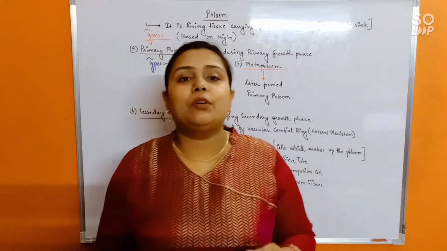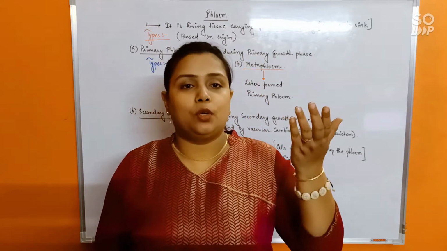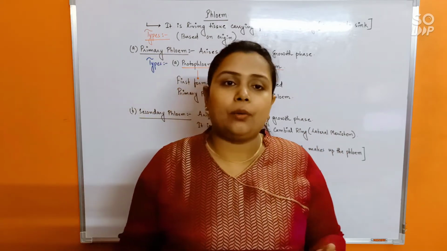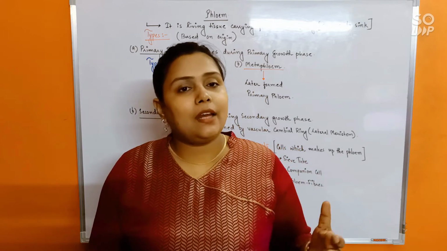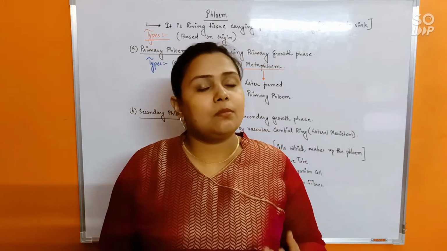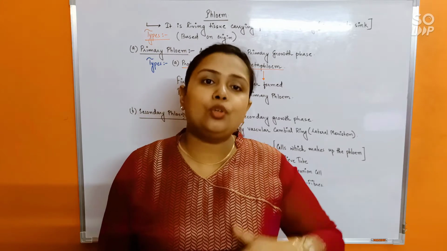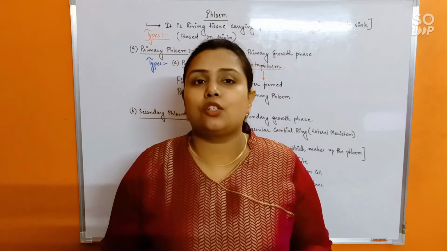So at that time the phloem will be carrying food which is stored in the root towards upwards, right? So that means phloem, according to the condition or situation that arises, will carry the food from leaf towards root, and when the situation arises it might also carry the food from root towards leaf as well. That's why phloem transport is bidirectional in nature.